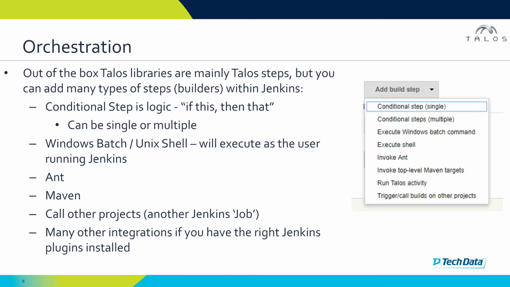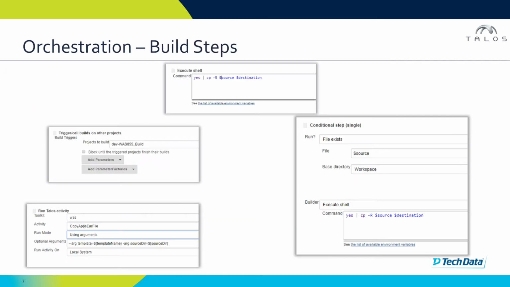You can use Ant and Maven, or you can call other projects. So you can call another Jenkins job as part of your sequence of steps. And if you have the right Jenkins plugin installed, any other integration you see fit to use. So this is a couple of examples of those kind of build steps.